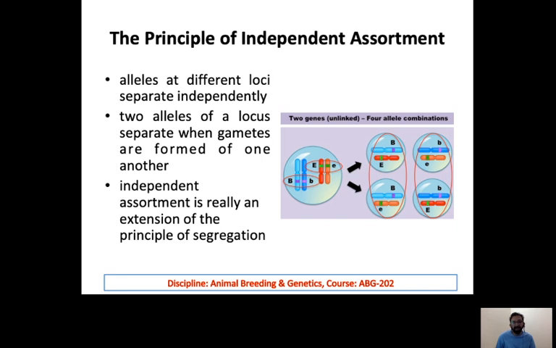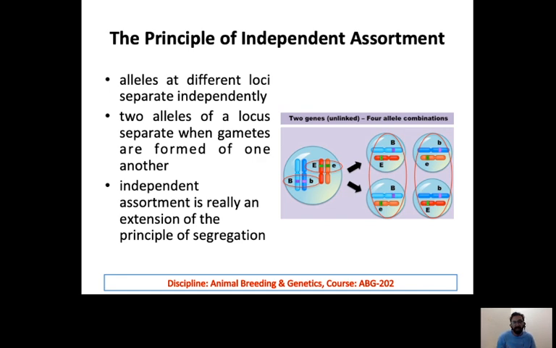So that basically determines that each allele is going to transfer independently. That means capital E is not going to determine if it will combine with the capital B or small b. It can combine with any one of them.